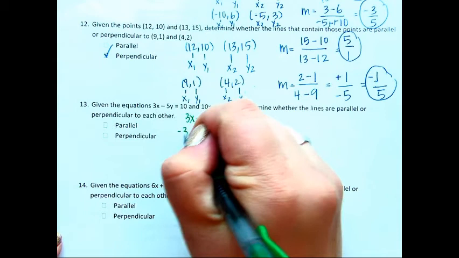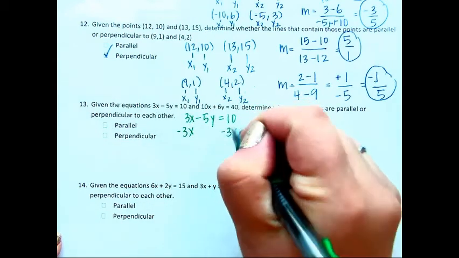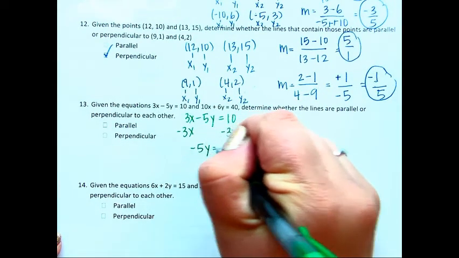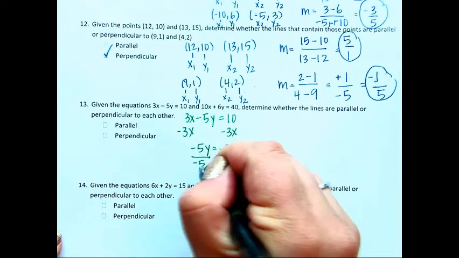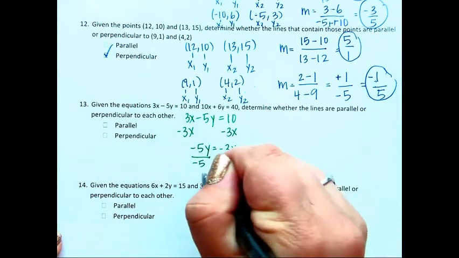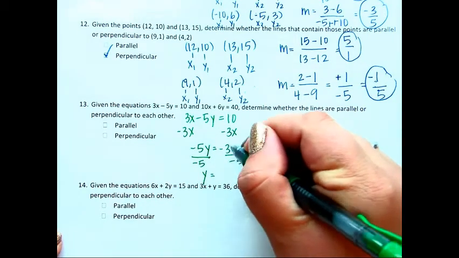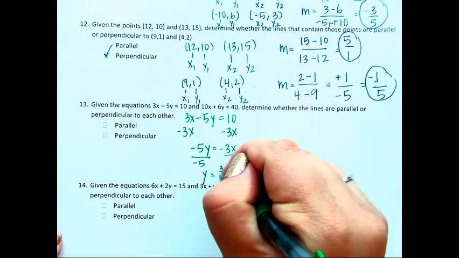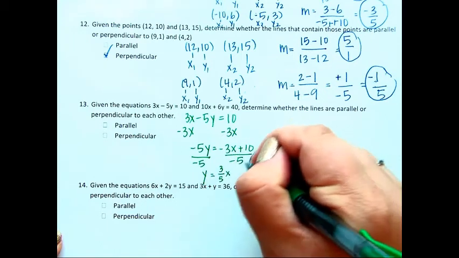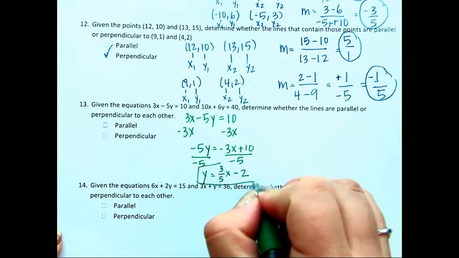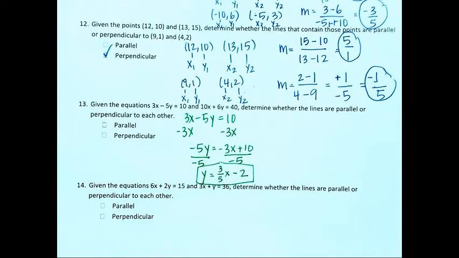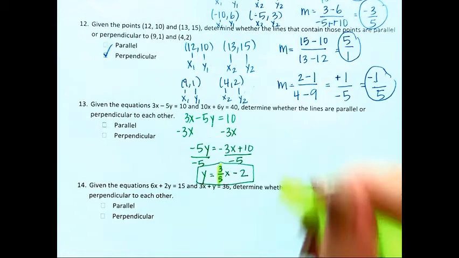So we're going to subtract 3x from both sides. So we end up with negative 5y equals negative 3x plus 10, and we're going to divide by negative 5 on both sides. So we end up with y equals, a negative divided by a negative gives me a positive, 3 over 5x. 10 divided by negative 5 is minus 2. So this is the equation, and what I care about here is that slope, 3 over 5.